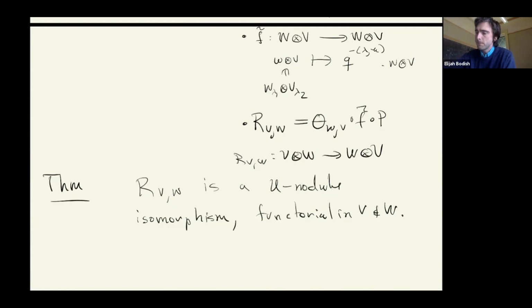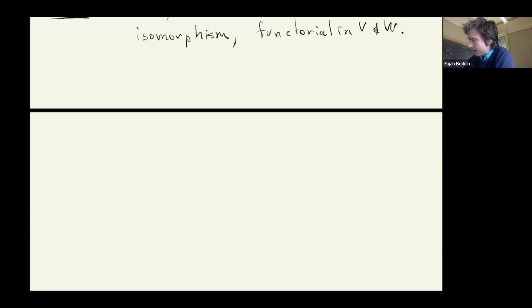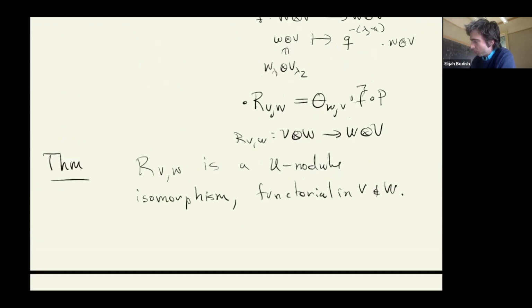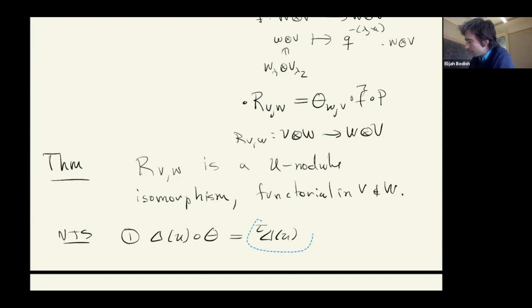I mentioned that really the main thing to do here is prove that this is a U module map. And we broke that into 3 steps. So we needed to show this first step, which is what I'll actually prove in a moment. This is delta of u composed with theta is equal to tau delta of u post-composed with theta.